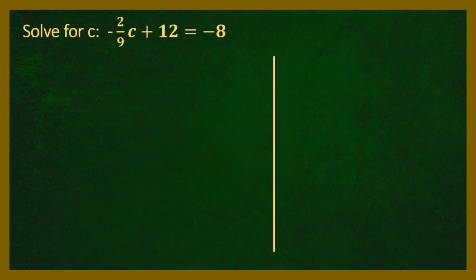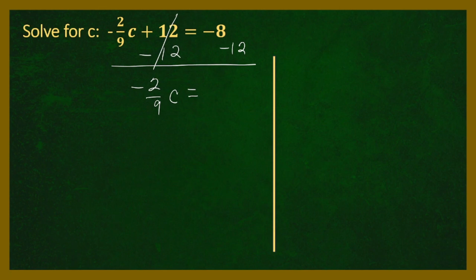Once again, we are going to move our numbers to the right side of the equation, and we'll do that by subtracting 12 from both sides. 12 cancels out on our left side, and we're left with negative 2/9 c is equal to, and on our right side, when we combine negative 8 and negative 12, we get negative 20.